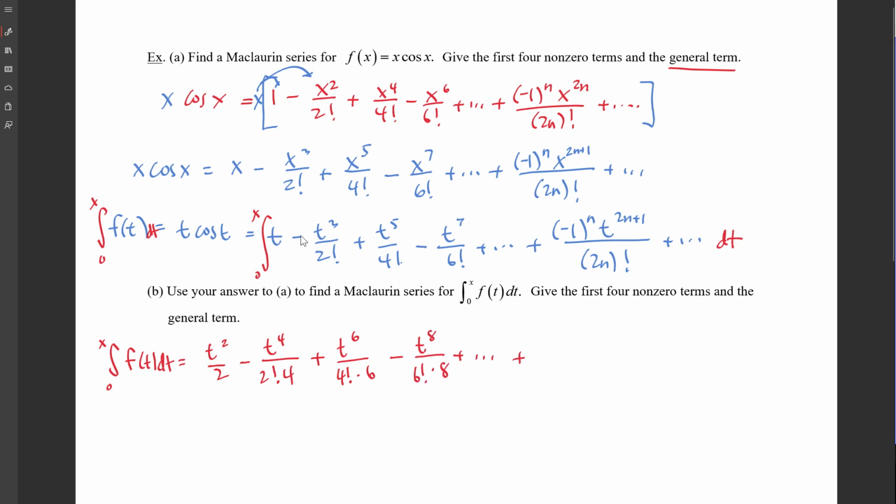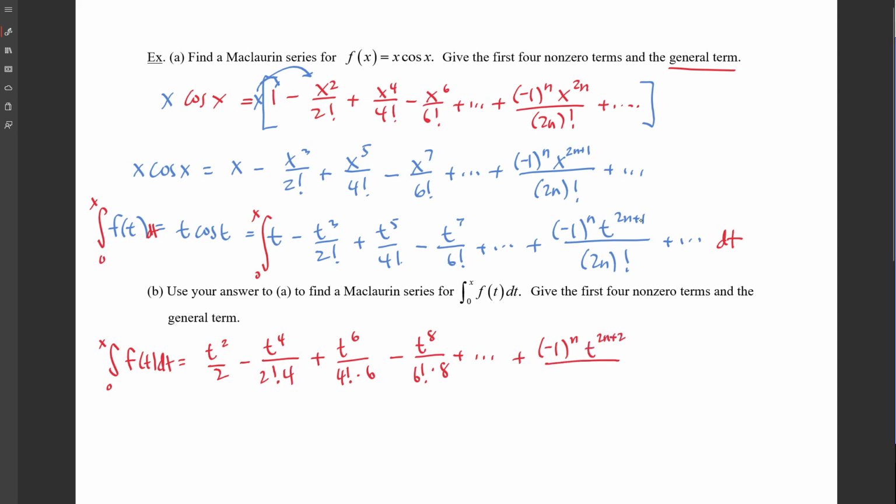All the alternating signs stay the same, so let me carry down this negative 1 raised to the n power. What did I do with the t's? I added 1 to each of the t's, so 2n plus 1 is now t^(2n+2).